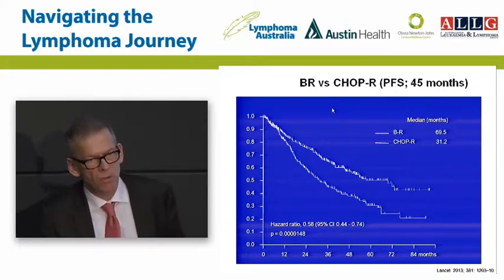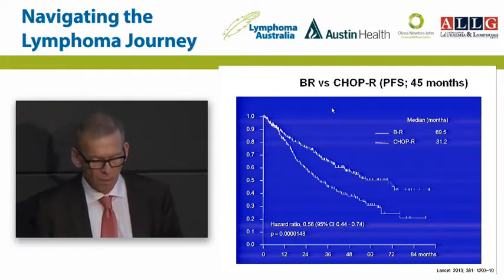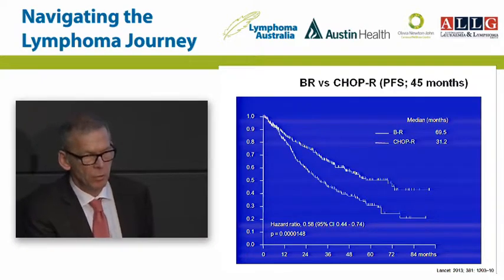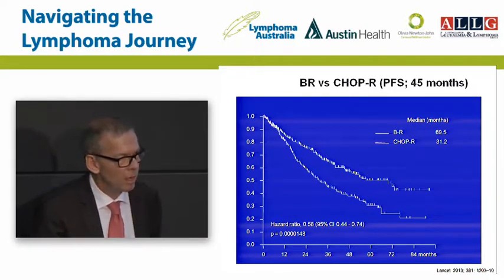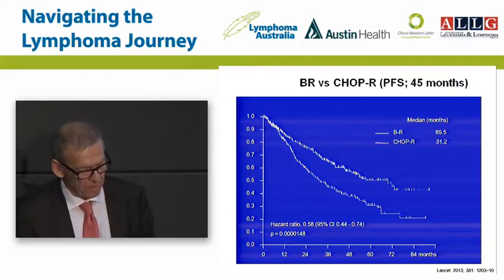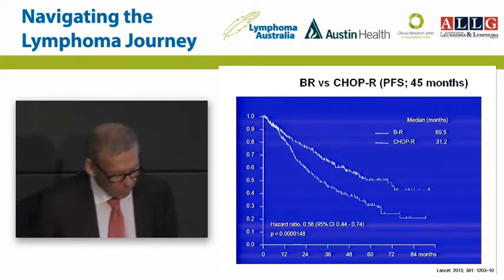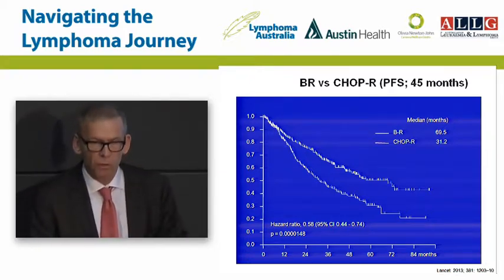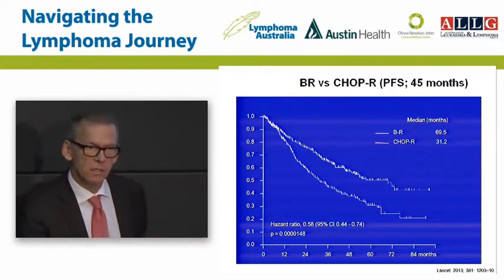That's not overall survival. Overall survival was rather similar, but you have a better tumor control with this drug in combination with rituximab. So that's called BR, B for bendamustine. And that means that's a challenge. That's a challenge for CHOP in this disease.